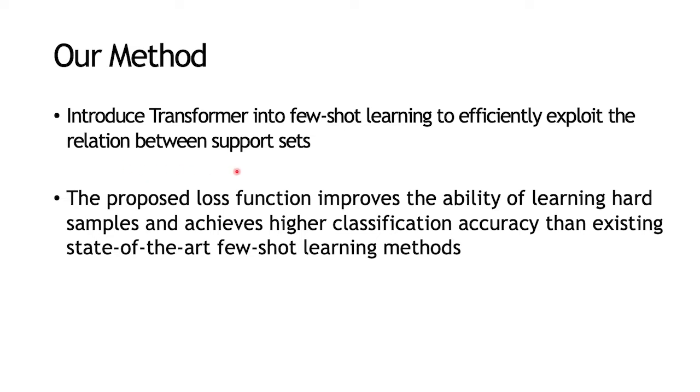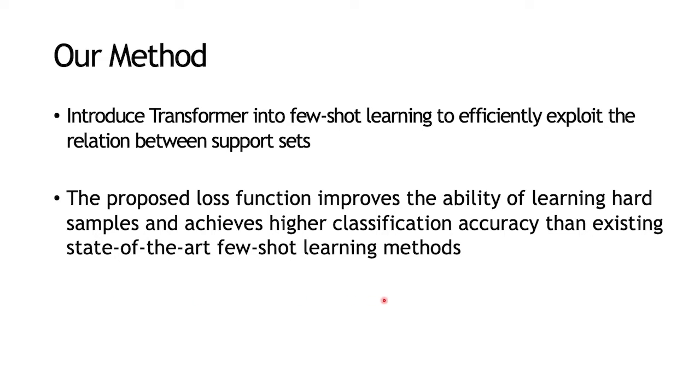The first point is that the prototype features exaggerated by the prototype network are embedded into transformer by taking advantage of the powerful feature representation capability of transformer, which not only keeps the computational complexity at a low level, but also improves the classification performance by using the contextual information among the support sets.